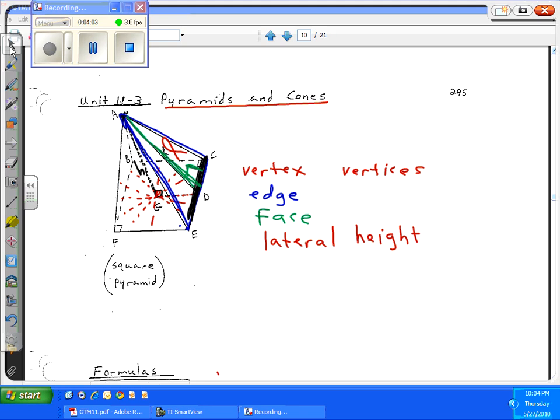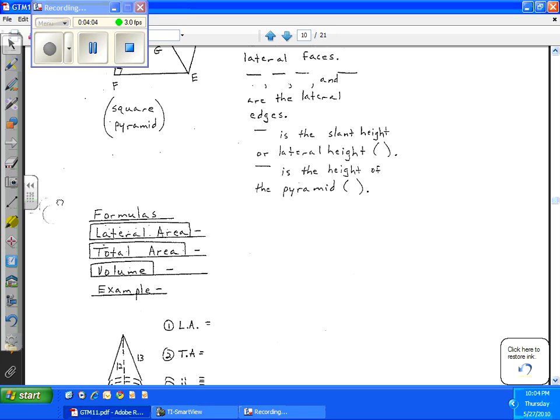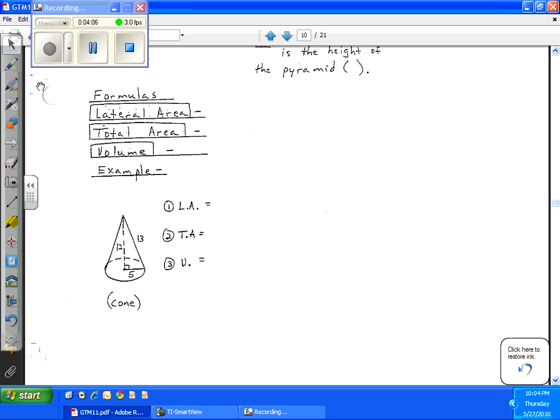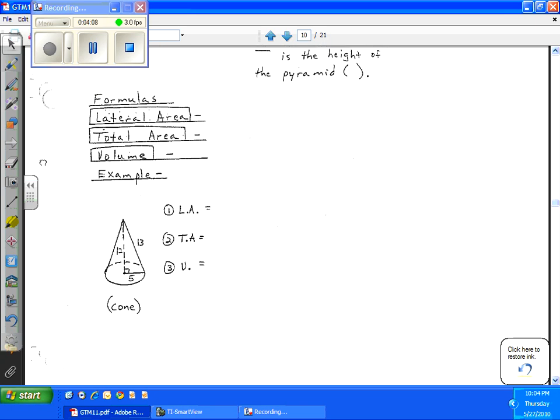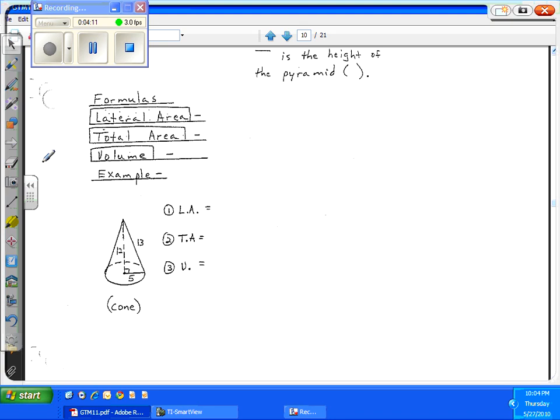Now, we're going to think about formulas as they relate to prisms. The formula for area of a prism was perimeter of bottom times height of prism. The reason we say height of prism is because there's also a lateral height, right?